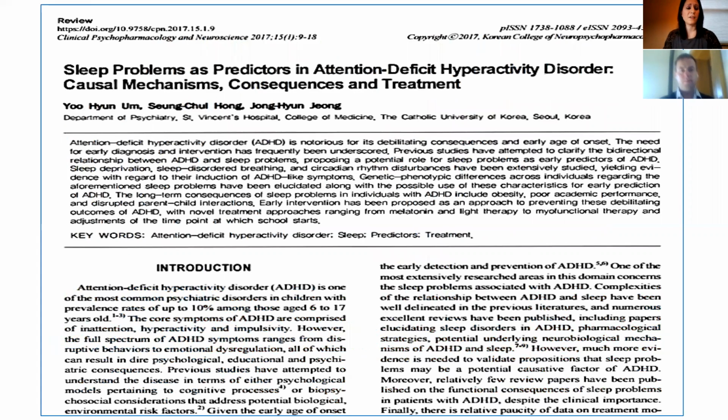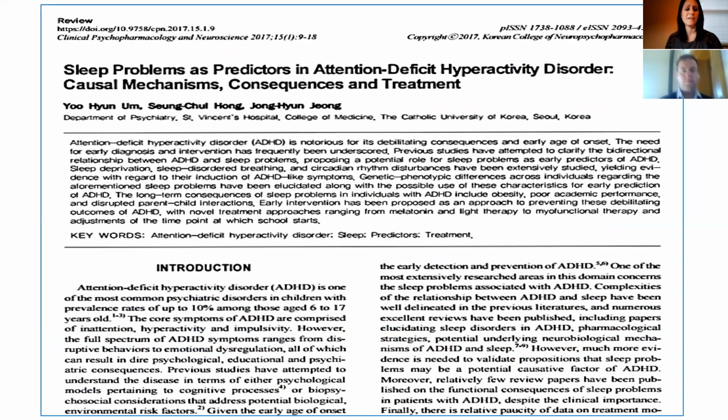Now, this is a study that indicates sleep problems as predictors in attention deficit hyperactivity disorder: causal mechanisms, consequences, and treatment. This study indicated predictors for ADHD, such as sleep deprivation, sleep-disordered breathing, and circadian rhythm disturbances.